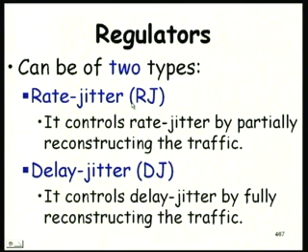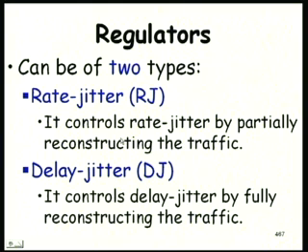Earlier, in framing, it never had any analysis of the traffic, it just delayed them by that amount. Depending on where it arrived, it automatically gets delayed till the next frame, but here it keeps track of the traffic, and depending on the current traffic rate, it will either partially reconstruct the traffic or fully reconstruct it, depending on what type of regulator we are using.